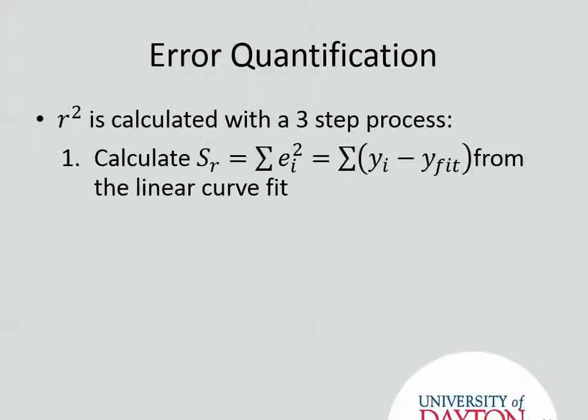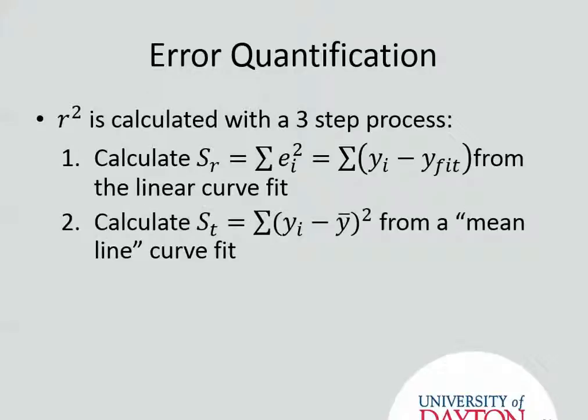So when we calculate the R-squared value, we do three steps. We use this error value, this E value that we talked about, the difference between the Y coordinates between our data point and our fit. We also use the difference between our Y value and our mean line. So that's the error or the E value away from our mean line.